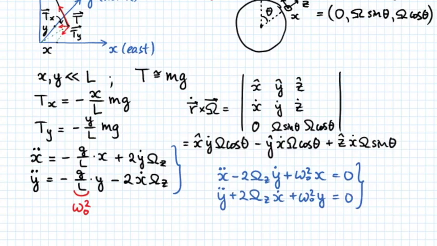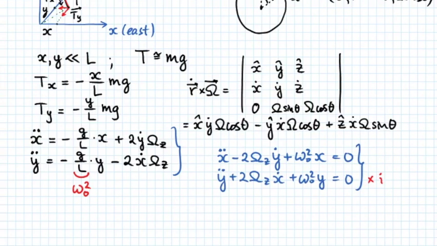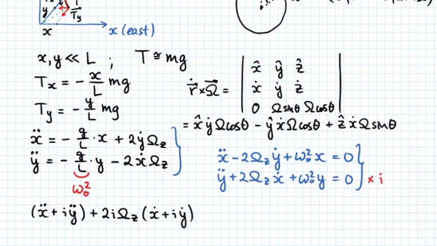Now here what we can do, we can multiply the second equation by imaginary i and add them together, and we'll get a new equation where x double dot plus i y double dot plus 2i omega z times x dot plus i y dot plus omega naught squared times x plus i y equals 0.